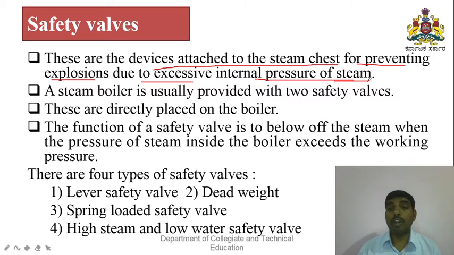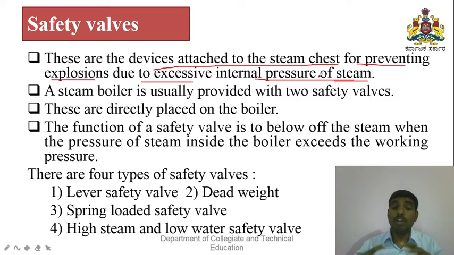Every boiler has a certain pressure limitation. If the pressure goes beyond that limit, there is a possibility of explosion. In that case, the safety valve will act as a guard for the boiler, so that explosion is avoided.